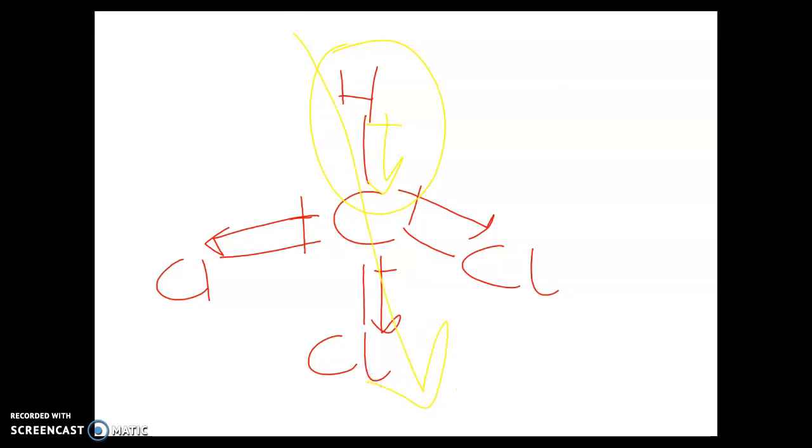And I'm trying to make that angle to show that it is a 3D effect. But this then would make our molecular geometry polar because those electrons are being pulled down to those chlorines. So hopefully this helped out with understanding the differences between bond polarity and molecular polarity.